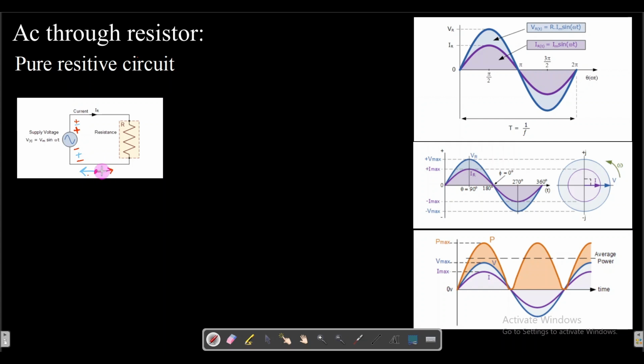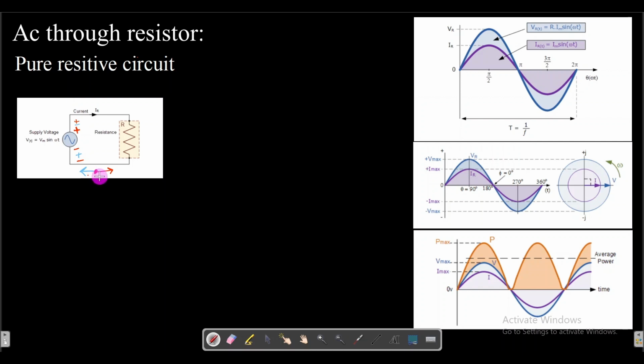Again, when the polarity is changed, that electron will start motion in the opposite direction, and the current will decrease and become 0 here. At this position the electron is still in motion due to the inertia of the electron and the change in the polarity of the alternating voltage at that instant.